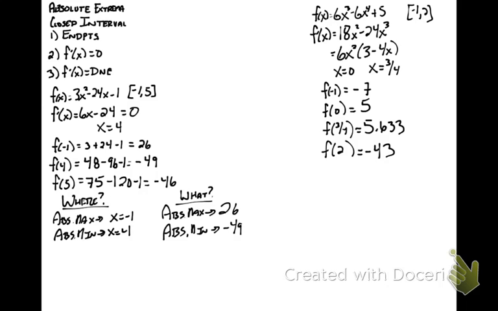So we can see that the absolute maximum of this function occurs at 3/4 and is 5.633, and we can see that the absolute minimum of this function occurs at 2 and is -43, at least on this interval. Let's consider 2 more examples.